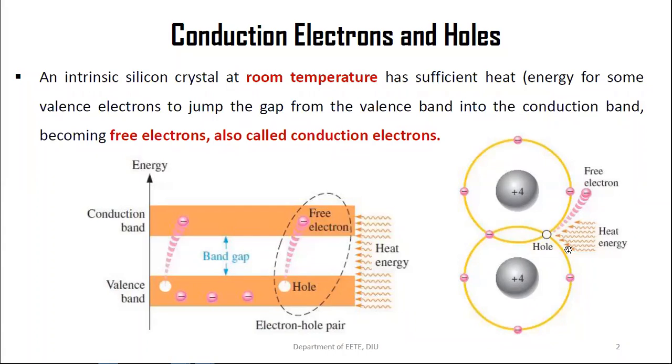So the covalent bond absorbs this heat energy, one electron of the covalent bond goes outside and becomes a free electron, and an electron-hole pair is generated.